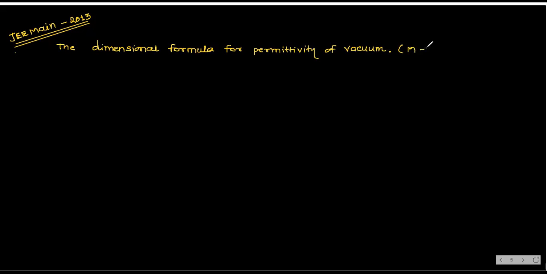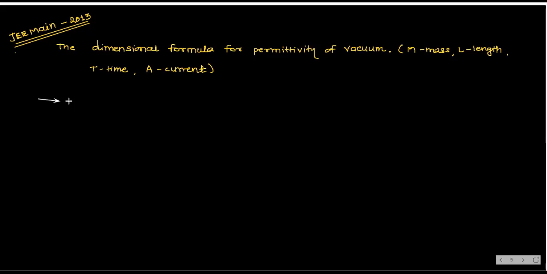Means mass is represented by M, length is denoted by L, time is denoted by T, and current is denoted by A. So how to find this now? Okay, this is what the question is.